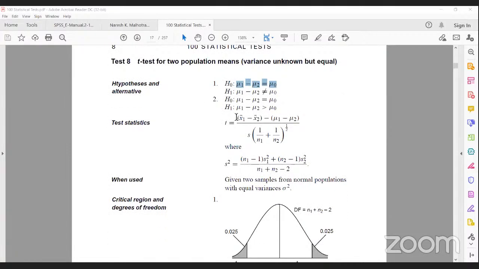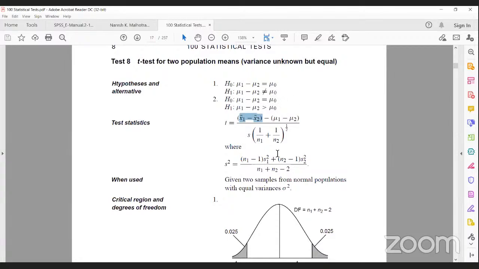What we are doing is taking the difference of two means, x1 bar minus x2 bar, minus the difference of the population means, since for both there will be population means. We are comparing the sample means to population means.